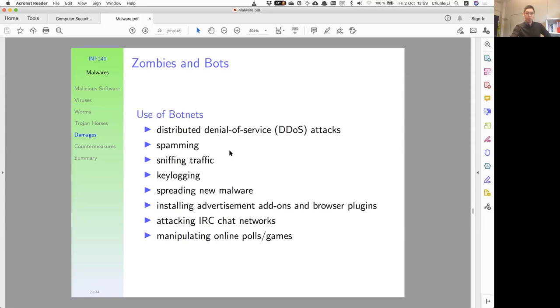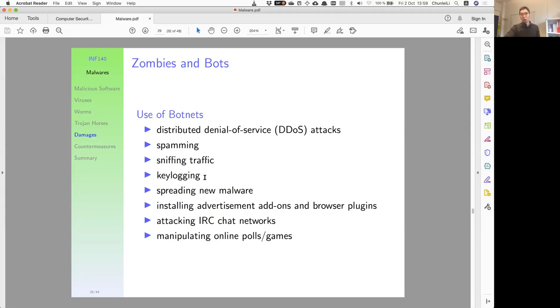As I demonstrated with this macOS mail client, I can only see the sender, but this sender is not necessarily the real sender of the email. That's a problem. Sniffing traffic is also a quite typical use, because these bots are distributed and located in different networks.